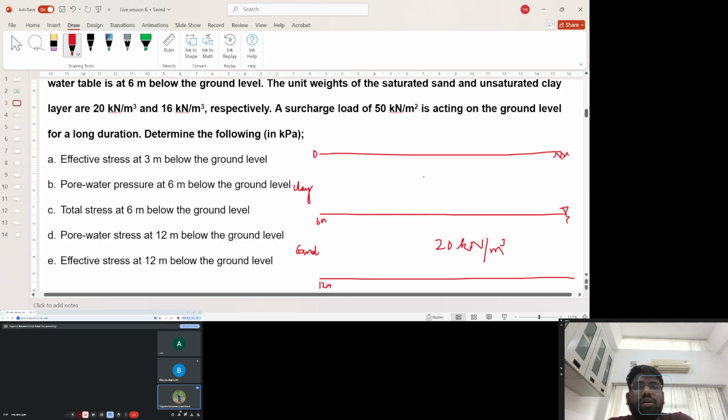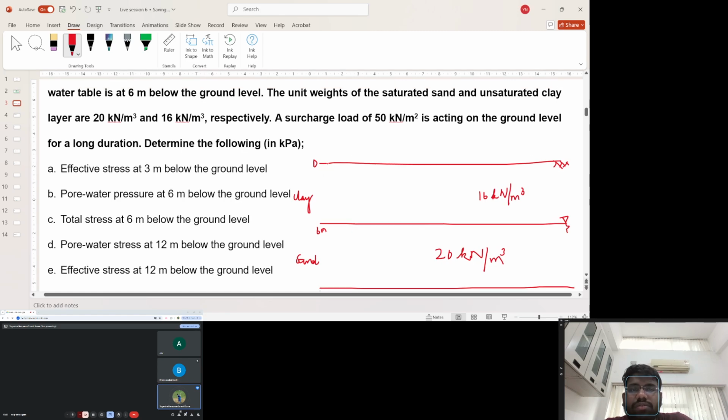Whatever partial saturation is there, there is no capillary rise or anything. It is just existing in its natural state. So 16 kilonewton per meter cube. And the major difference what we had is the surcharge that is acting on the ground surface.